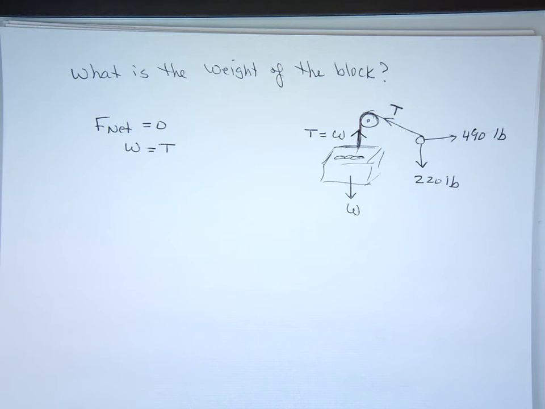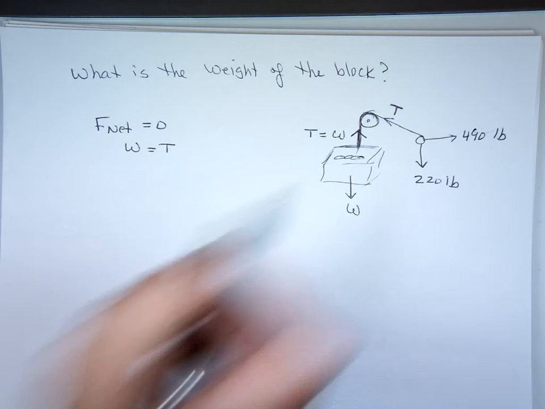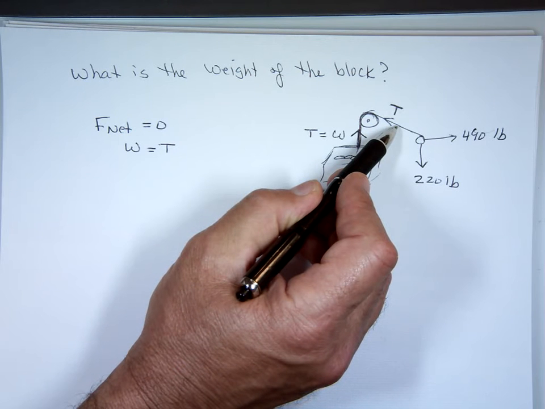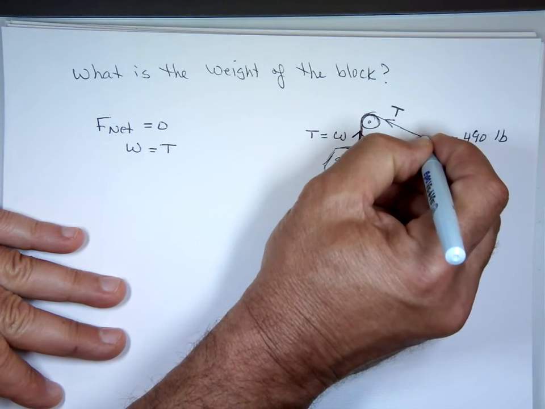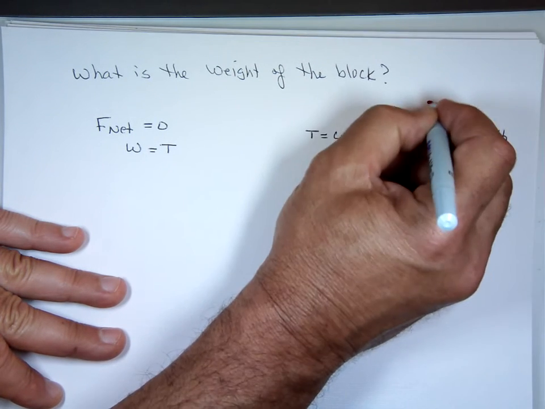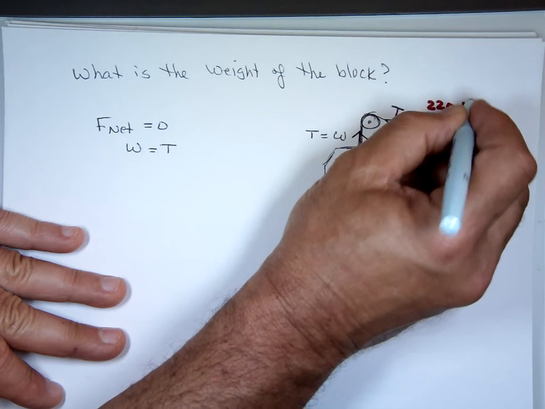Well, if I know what that value is, I know what the weight is. The weight equals the tension. Since it's not moving, that tension has to have a force in this direction, because if it's not moving, you want a force in that direction to equal what? 220 pounds. They have to be equal to each other to cancel each other out.